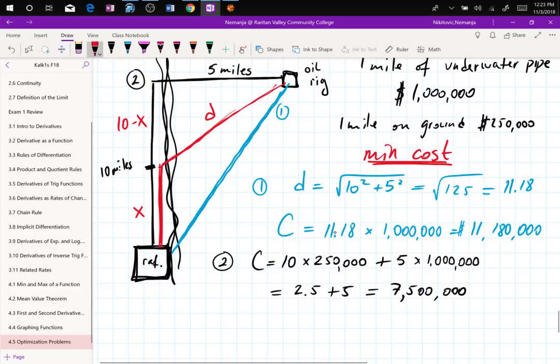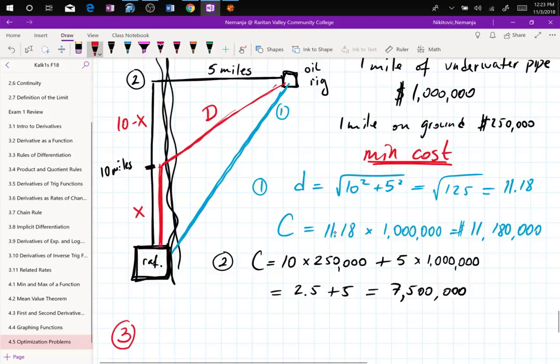So now we have a Pythagorean theorem, capital D, the distance underwater. What I'm trying to do is calculate the distance x plus D, and then x times the cost of $250,000 plus D times 1 million to minimize the cost. Well, that's not going to be a problem, actually. It's going to take us 5 minutes.